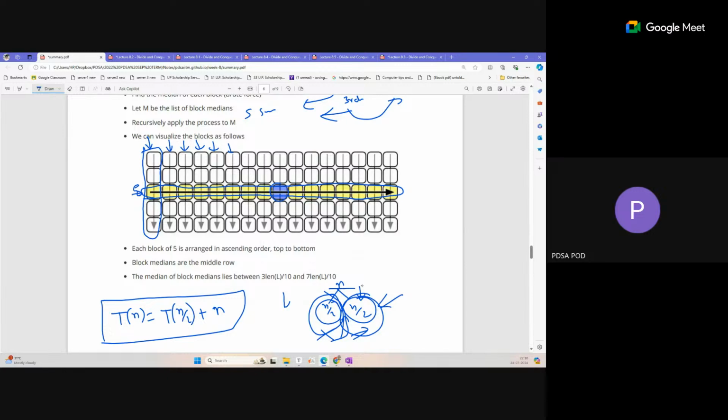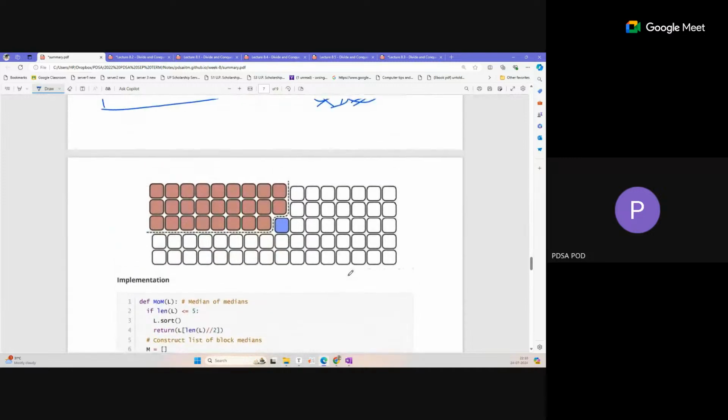This element definitely will not come to the corner point when you use it as a pivot element. Why?